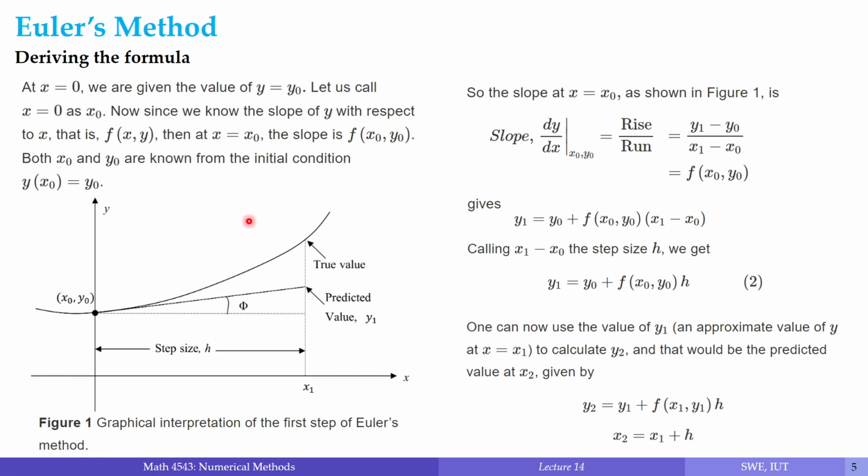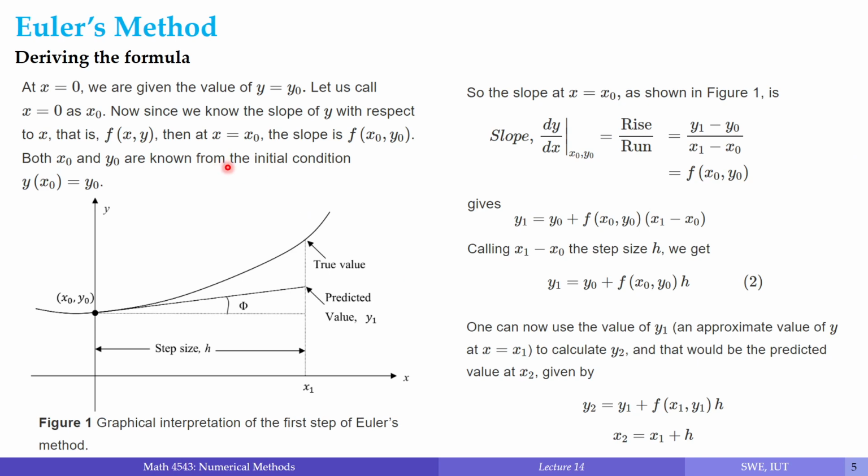The general goal behind Euler's method is to find the value of the dependent variable y at discrete points, instead of coming up with a continuous function. Let's say at x equals 0 we know the initial value y naught.